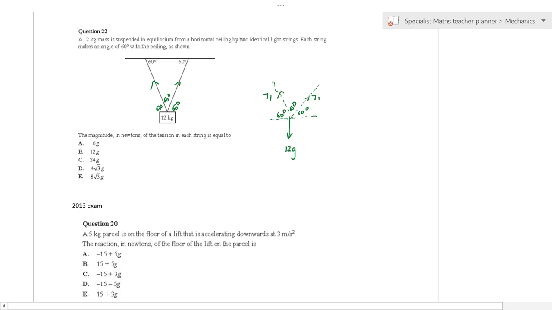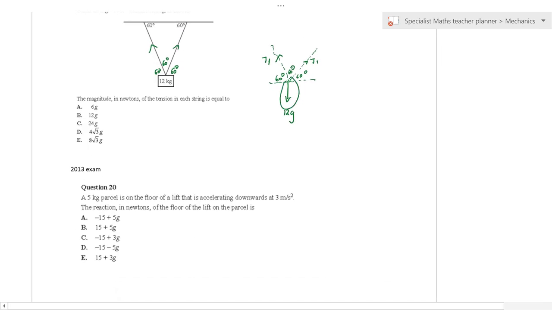This is where Lami's theorem might help, because you can cover up this 12g, so it's 12g over the sine of the angle between the other two, which is 60 degrees, sine of 60, and that's equal to T1 over the sine of the angle between the other two, which is 150 degrees.